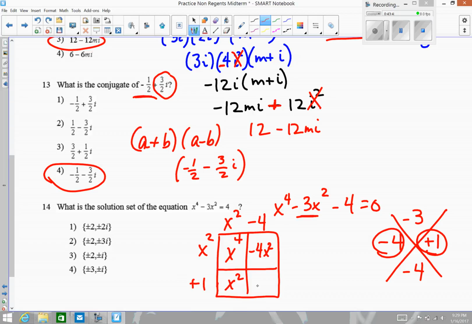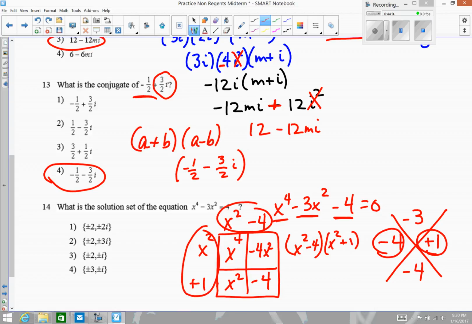And my last piece of the box will be a negative 4, which is what I wanted here. So my factoring looks like x squared minus 4 multiplied by x squared plus 1. But those can be factored even further. X squared minus 4 is a difference of two perfect squares, so we have x minus 2, x plus 2. X squared plus 1 is a sum of perfect squares, so we're going to have some imaginary terms.